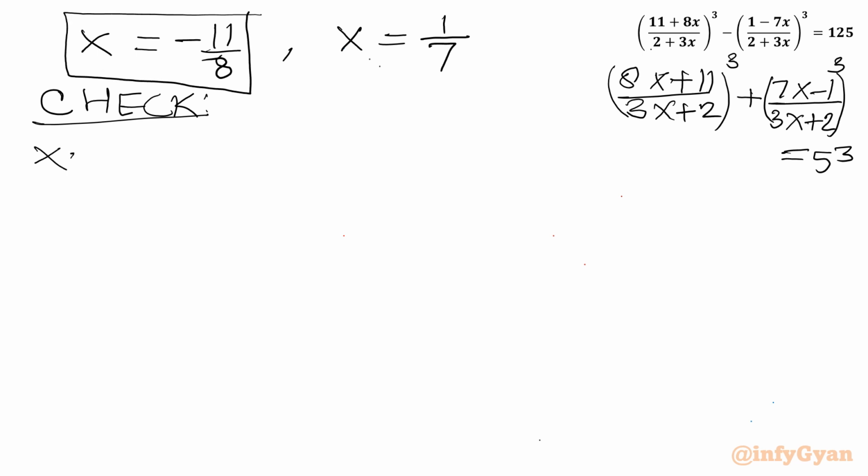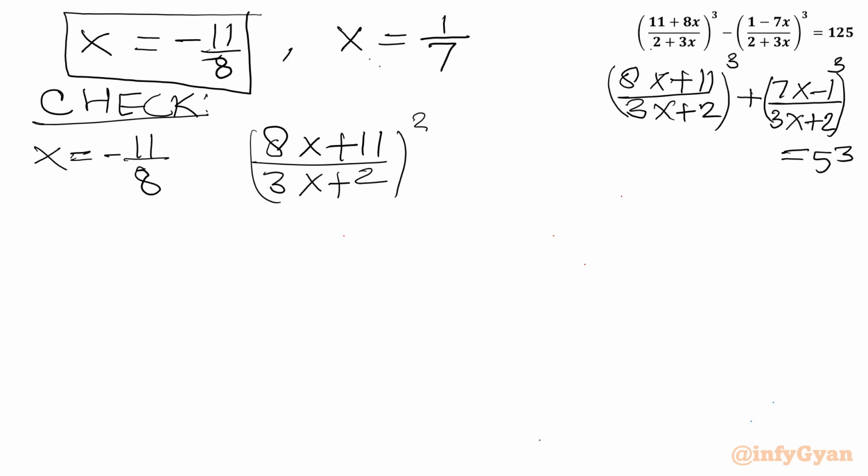So I will write x is equal to negative 11 over 8. So 8x will be equal to negative 11. So this bracket, the first one, let me write here ((8x plus 11) over (3x plus 2)) whole cube plus ((7x minus 1) over (3x plus 2)) whole cube. This is our LHS.